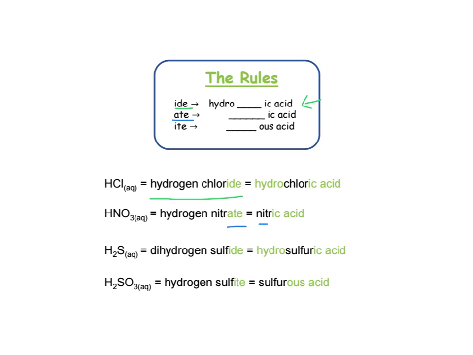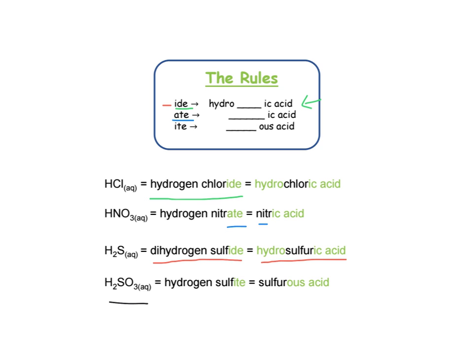Next, we have H2S. Dihydrogen sulfide would be the name if we name it in the ionic model. Since it ends in "ide", we go back to our first rule, so it becomes hydrosulfuric acid.